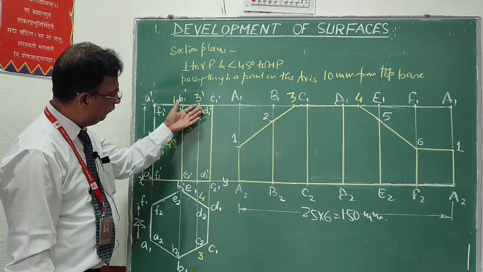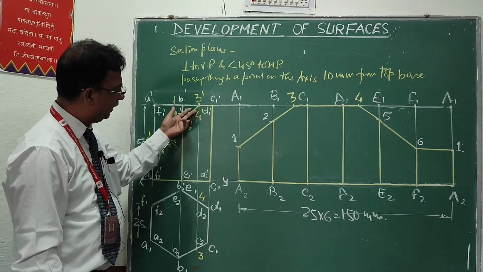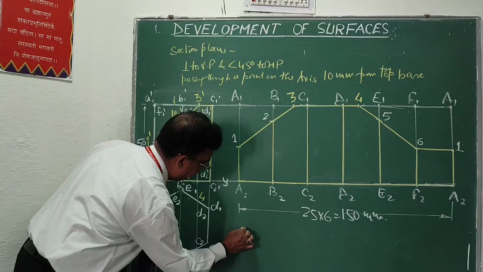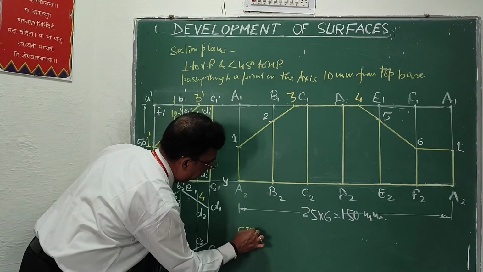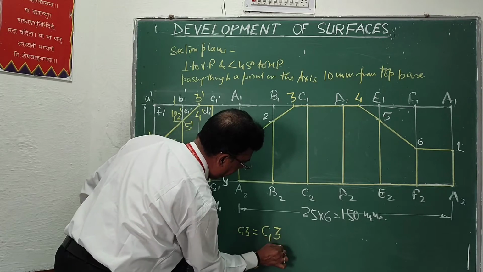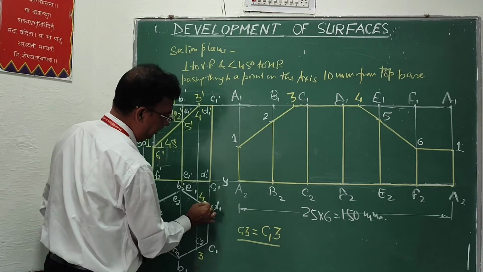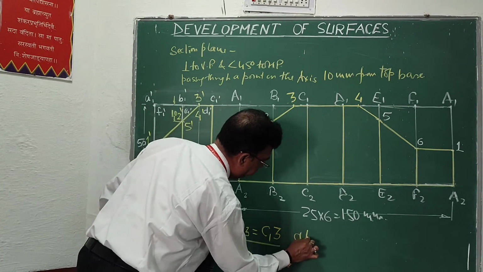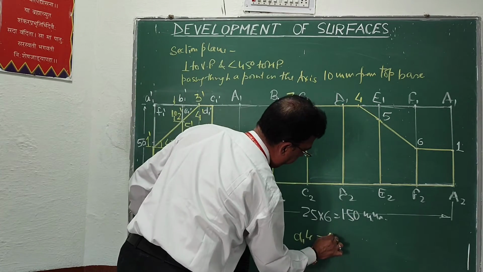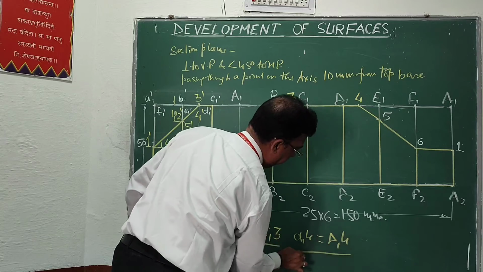The important concept will be locating the points 3 dash and 4 dash. As I already told you, small C1 3 in the solid will be equal to C1 3 in the development. Same way, small D1 4 in the solid will be equal to D1 4 in the development.